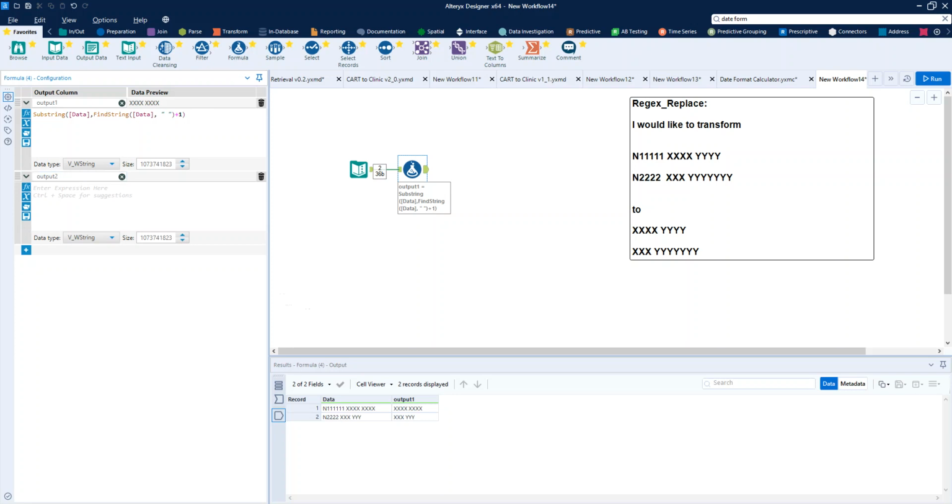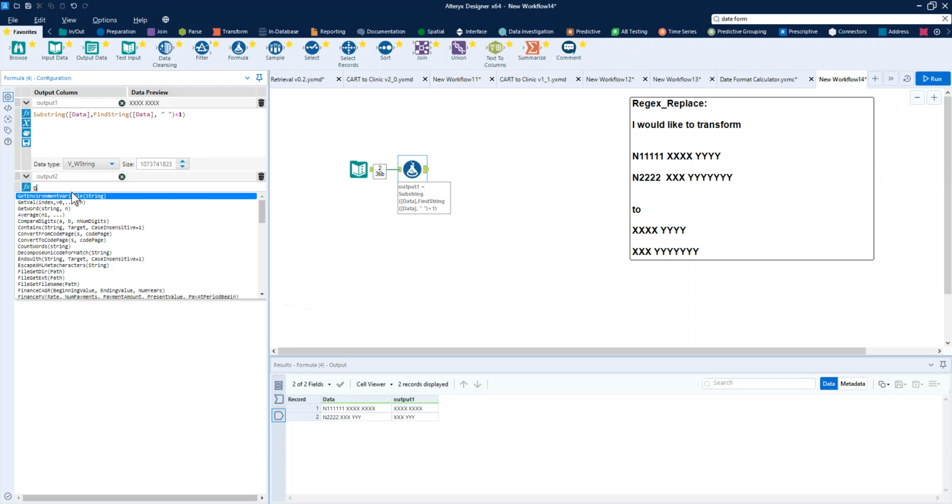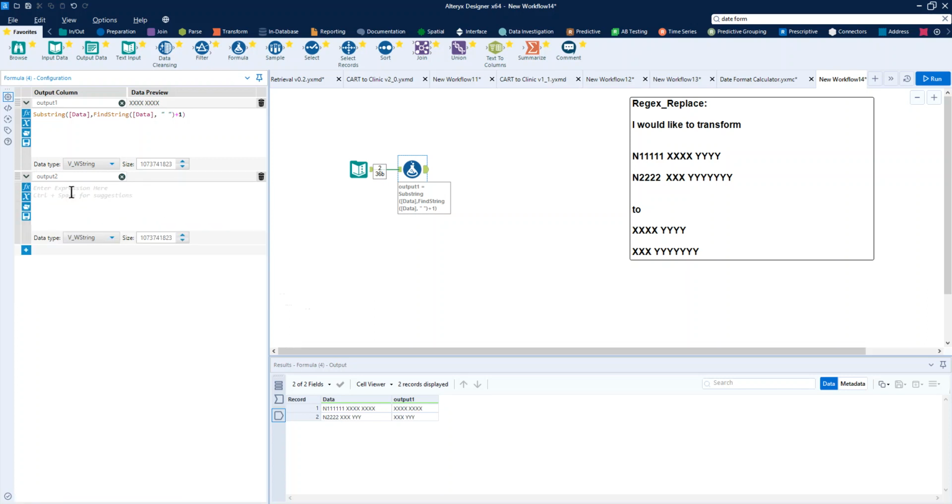If it's always 3 words and I want the second and third words there, I could take my data and do a regular replacement of data. I could say get word, data, and the word that I want is 0.